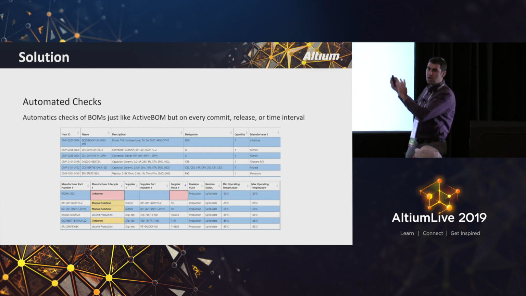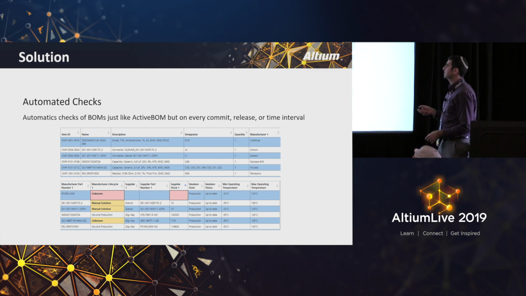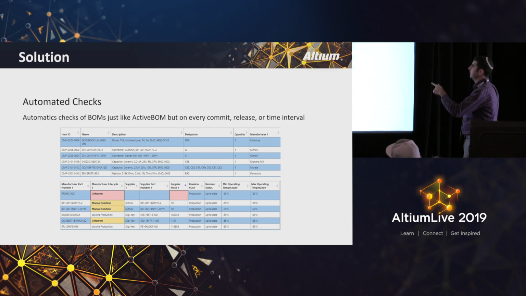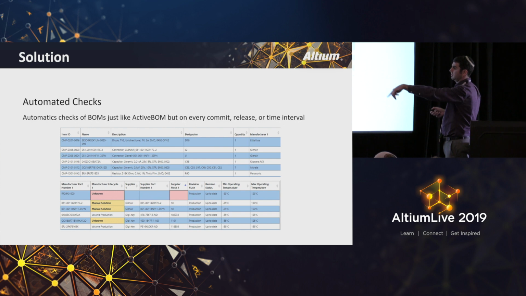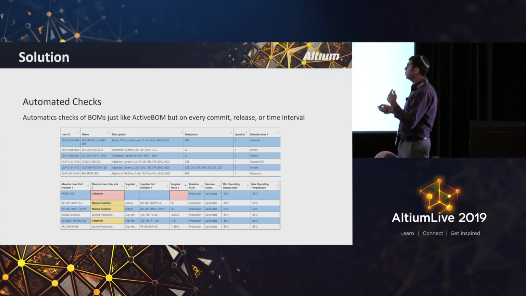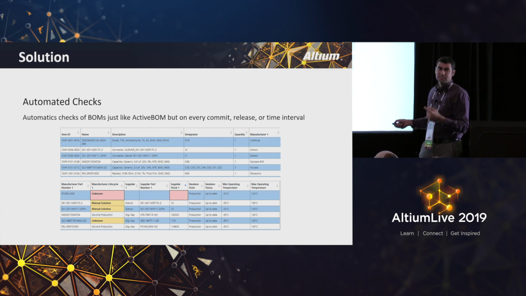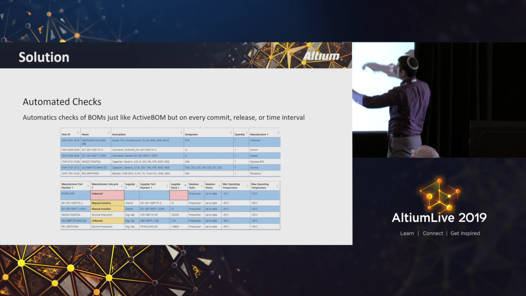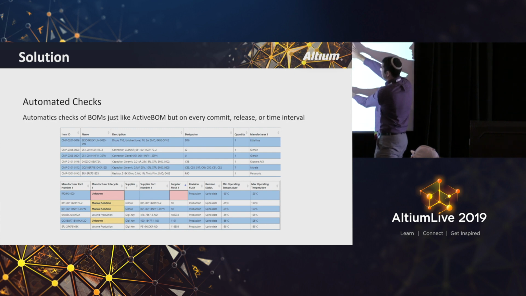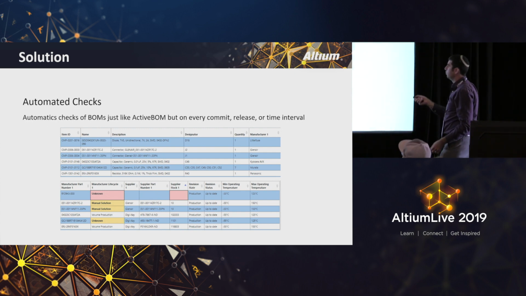So let's talk about some of the automated checks. The automated checks of the bill of materials, like the active BOM that David was talking about, instead of doing that manually, just happen every single time you do your commit. I broke this out; this is actually one large table, but I broke it in half and put it side by side, one on top of the other, just so you can get a better view of it.